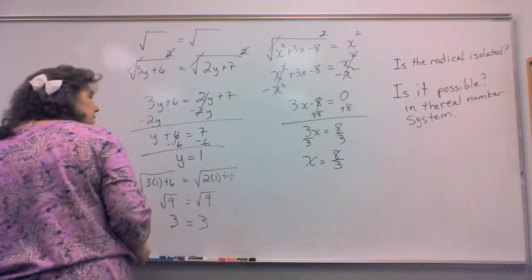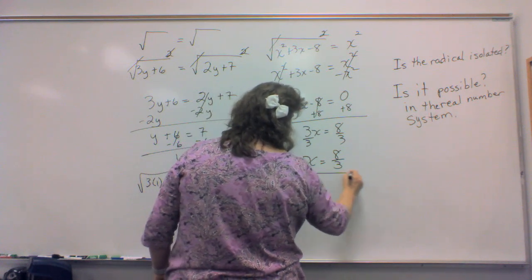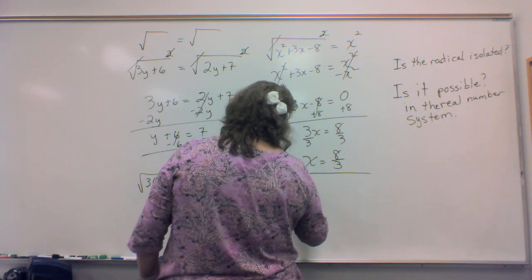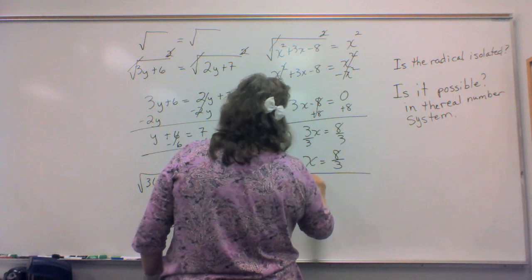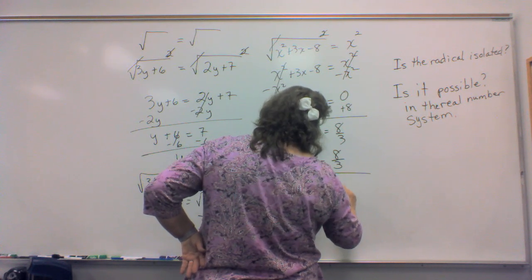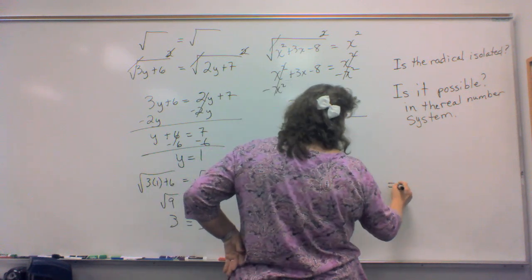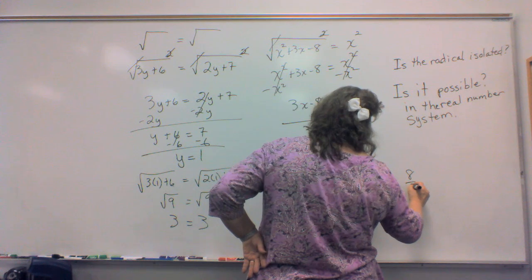Now, we could put this in and we can check it. So let's go ahead and check this one, because it's a little bit hairy otherwise. Okay, the square root of 8/3 squared plus 3 times 8/3 minus 8. Is that going to equal 8/3?